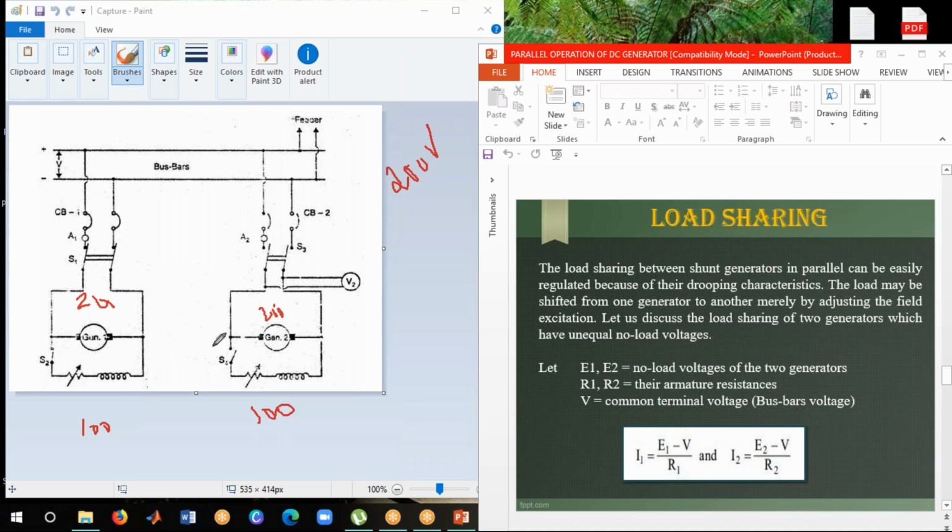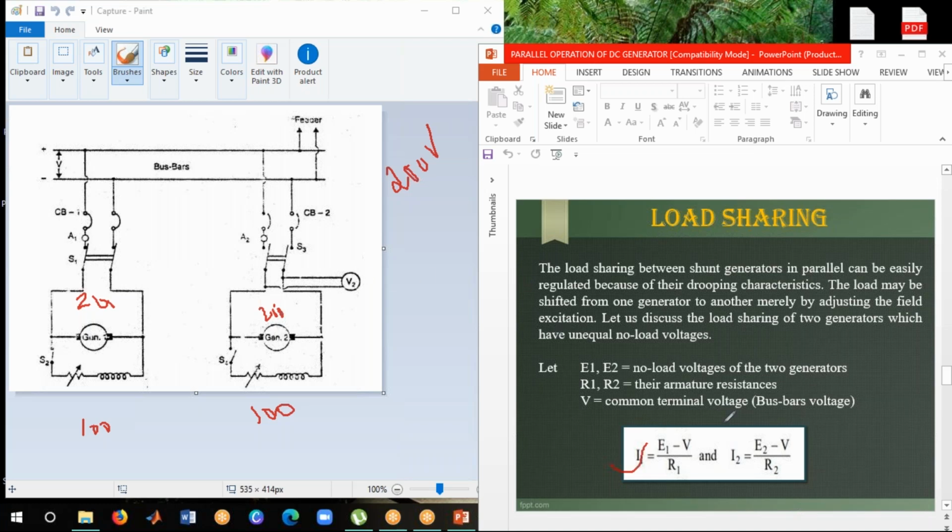Now this load sharing we can calculate by using this relation with I1 and I2. Based on I1 and I2, it decides how much load should be connected to generator 1 and how much to generator 2. Here E1 and E2 are no-load voltages. The no-load voltage is the EMF to be generated before connecting the load, which we find by using the voltmeter. Once we get the required voltage, after that we have to connect the load, not before. First we have to check whether the required voltage is obtained or not. After that we connect the load.